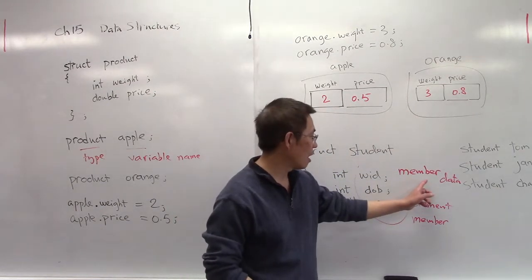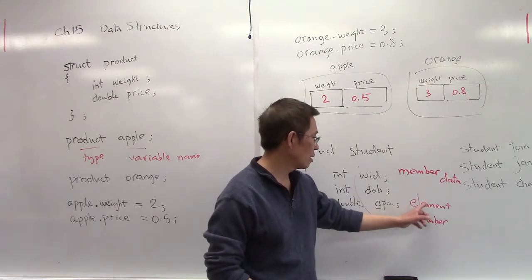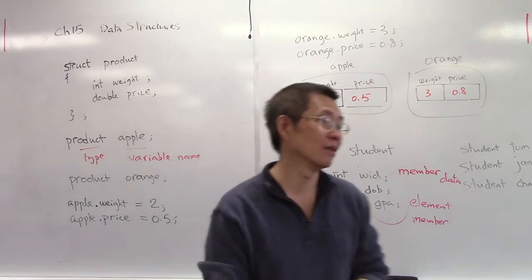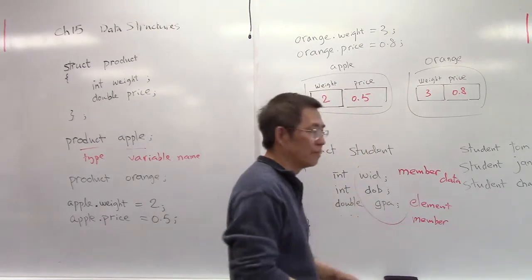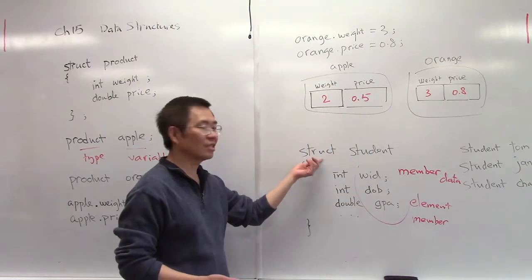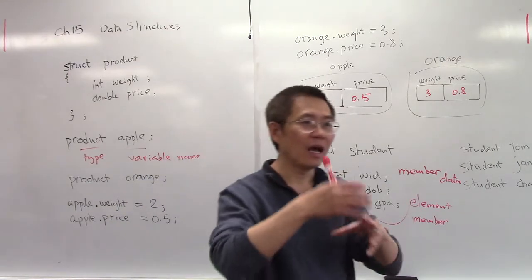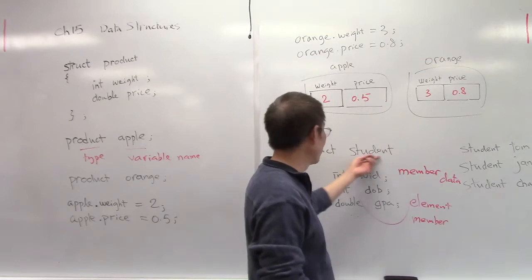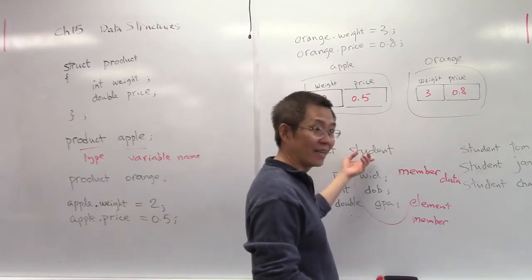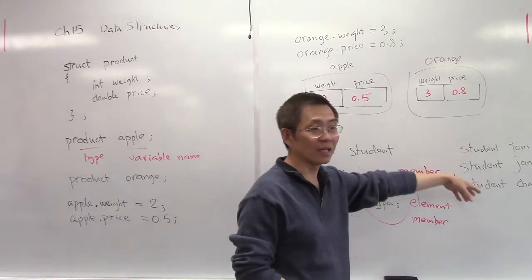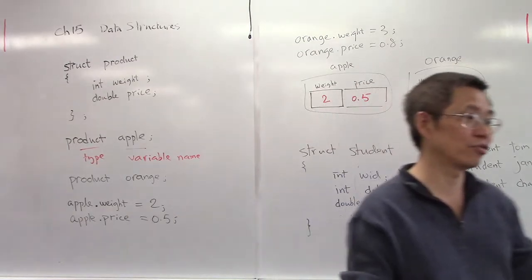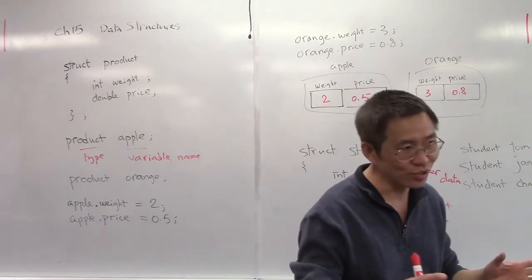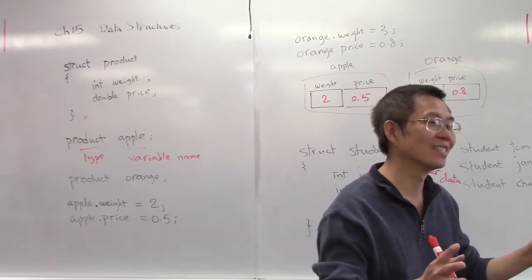I like to use element or member data, which is more indicative. Okay. Now you understand, struct is a way to package a bunch of data together which are relevant, meaningful for that struct, and once you define that, you can declare many instances of the struct, and at that point, it's already close to the concept of class.